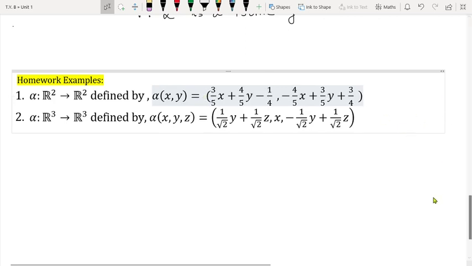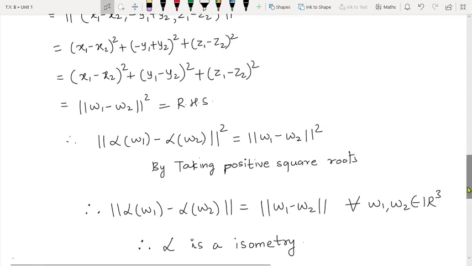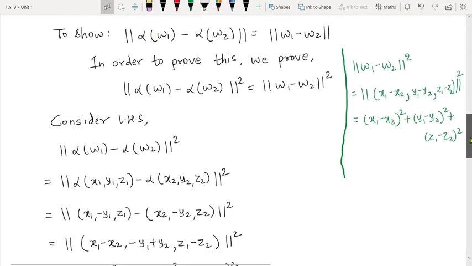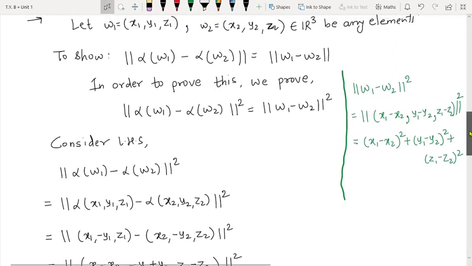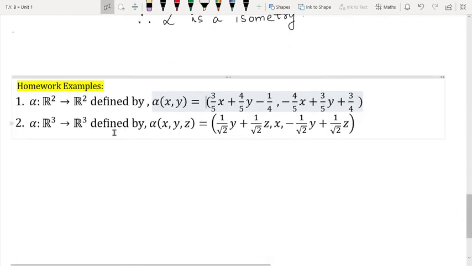The method to solve these two examples is the same as we used for the second example. I will check in the next class. If you are not able to do it, I am there to help you out, but they are easy, you should be able to do it.